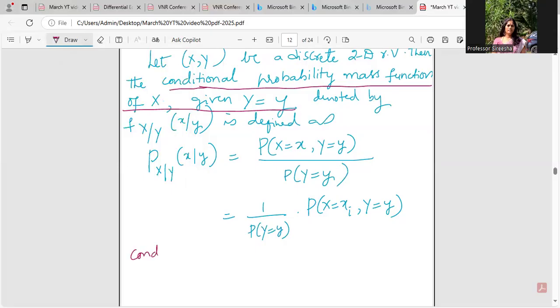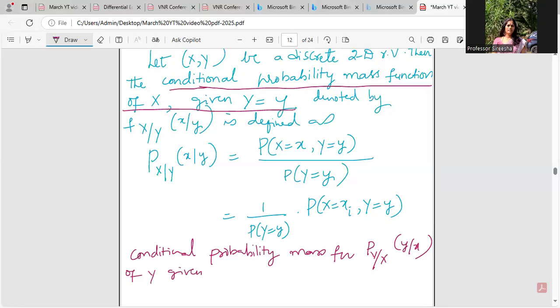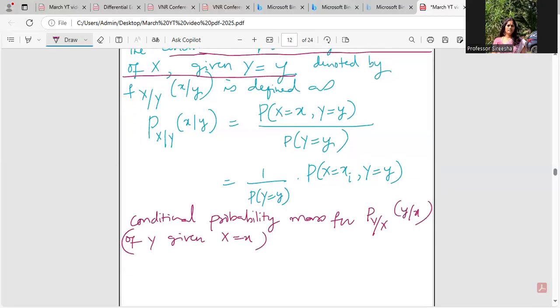Conditional probability mass function P of Y by X. What is it? Mass function of Y given capital X equals x. So that would be P of Y slash X, small y slash small x.